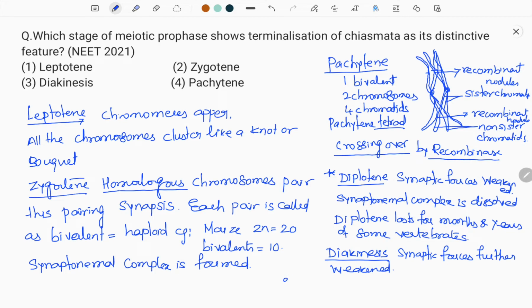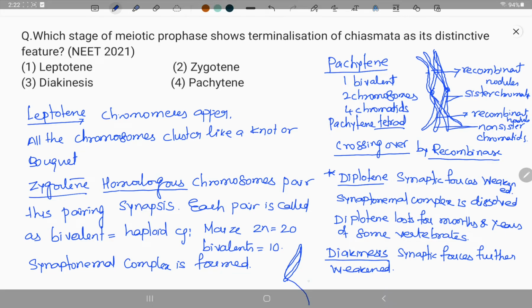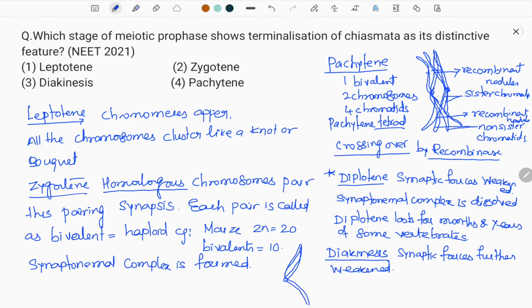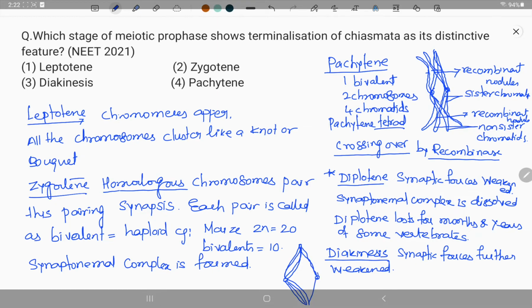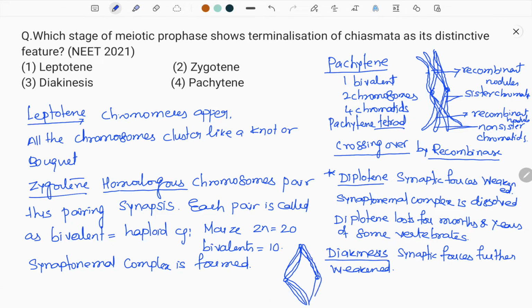Let us suppose I am trying to explain to you with an illustration. This is one chromosome having two chromatids. Another chromosome having two chromatids, like this.